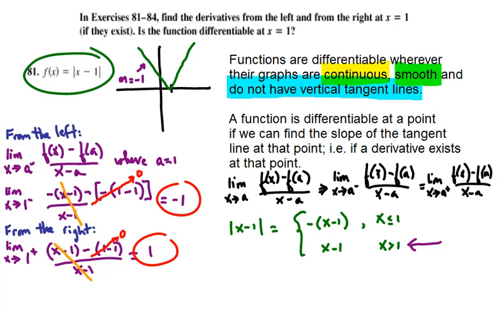From the left it would be a negative constant slope, from the right it's a positive constant slope. And what that tells us is that we end up with a sharp turn. So when they disagree, there will be a sharp turn at that point, and so this function is not differentiable at x equals 1.